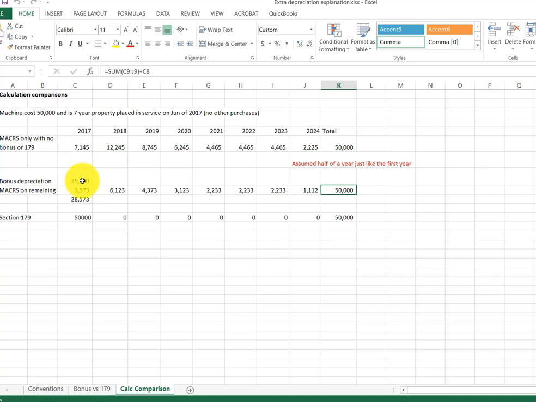Bonus depreciation elected only, 25, and then you take MACRS on the rest, and then finally if you took Section 179 all at once. Notice the total is the same, it's just a matter of which years you actually depreciate them. That's an important principle to remember.